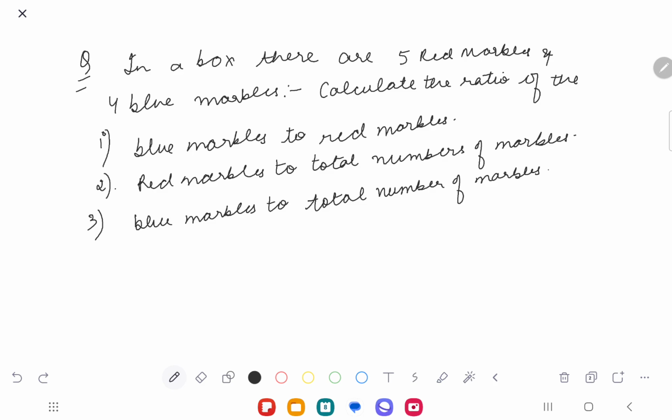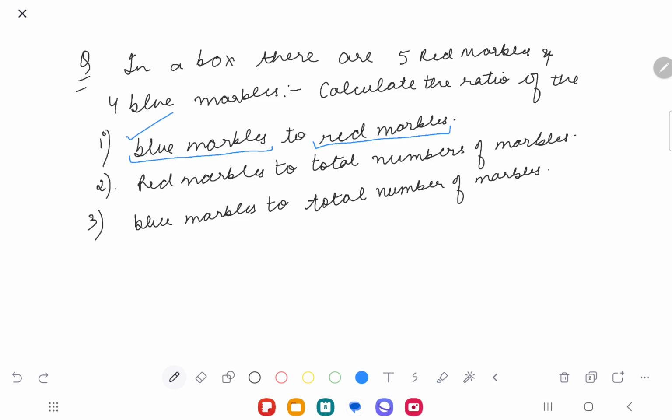Now tell me. So, what do you think we have? If we are saying that in a box there are 5 red marbles, what does that mean? You have 5 red marbles? Yes, I have 5 red marbles. So, I am to find the ratio. Ratio means fraction. Who am I supposed to keep in the numerator?